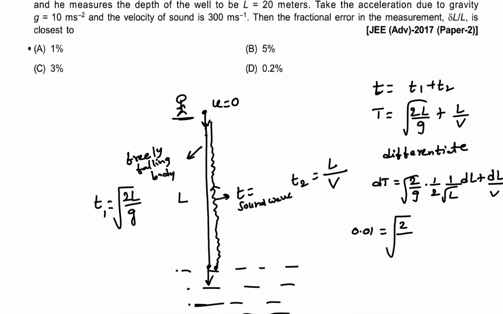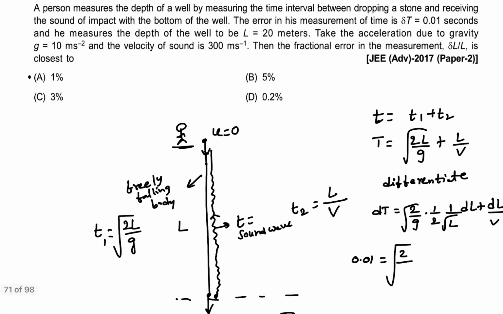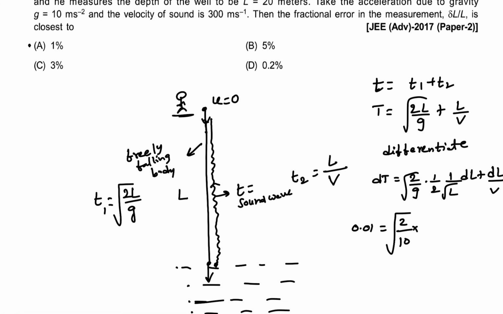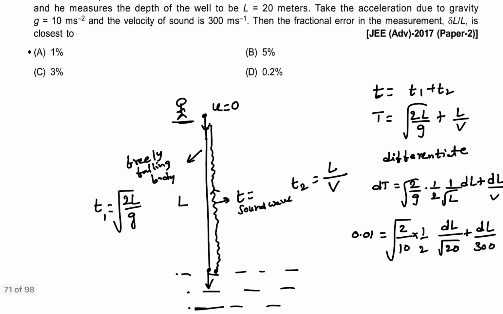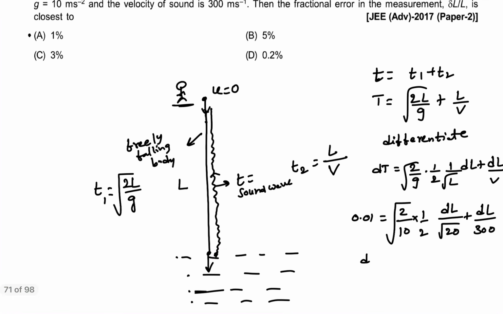How do you get delta L by L? L is given as 20 meters. Now 0.01 is the dT value, and root over 2 divided by g, with g given as 10, into 1 by 2 into dL as it is, over root L, which is root 20, plus dL divided by the v value, which is 300.